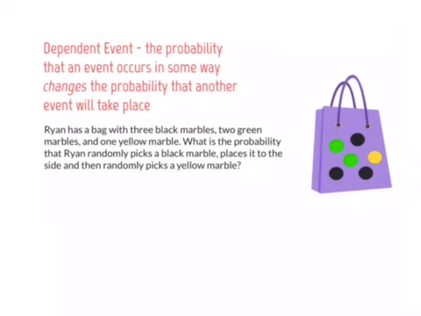On this one, we're going to place it to the side, so it will not go back in the bag, and that means the amount of marbles inside the bag will change after our first event. The definition of a dependent event says the probability that an event occurs in some way changes the probability that another event will take place. We're doing the same type of setup here, finding the probability of getting a black marble and then a yellow marble.